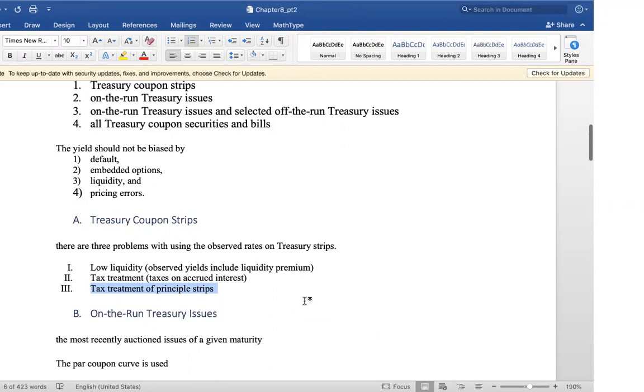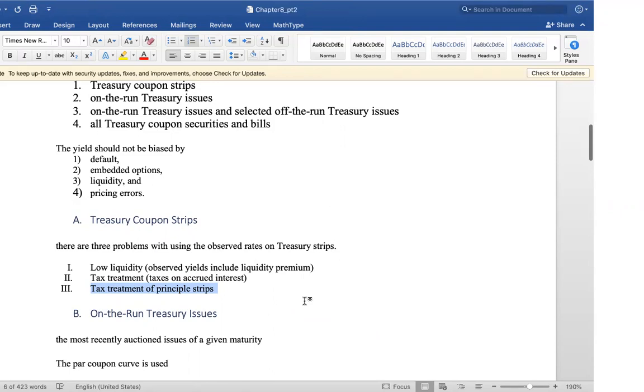For the coupon issues, these observed yields are not used in the analysis when the issue is not trading at par. This is very important to understand here. For coupon issues, the yields at which they are trading are not used.